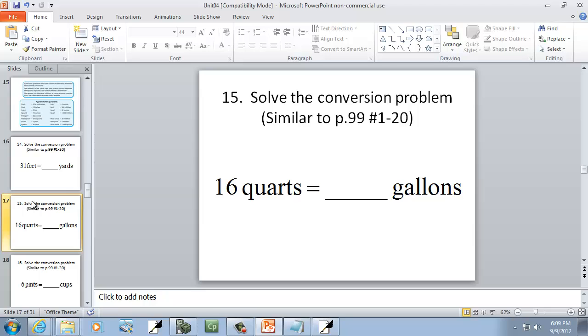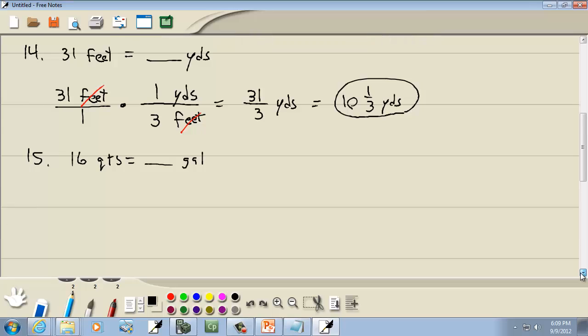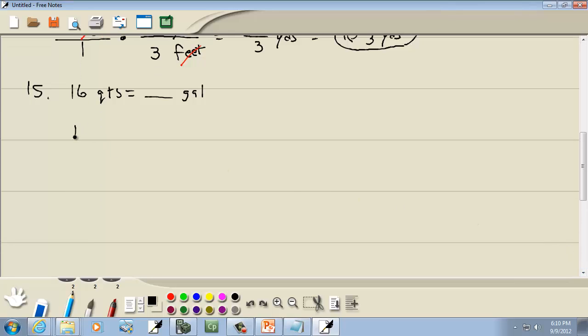Okay, let's look at 15. Enough lectures. 16 quarts is equal to blank gallons. Again, with dimensional analysis, I take what I'm starting with, 16 quarts, put over 1. Times, and if quarts is up here, then we want quarts down here.